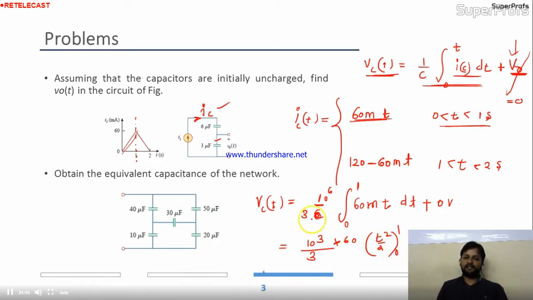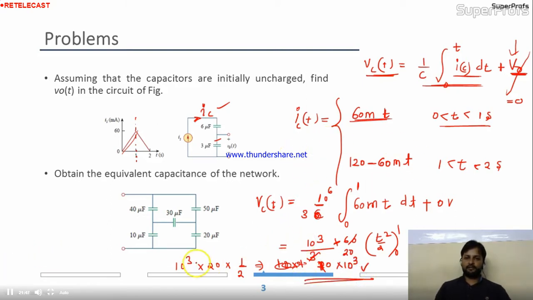When you simplify this, it will be 20, and here I am taking 10 to the power 3, 20 into 1 by 2. So the 2 will cancel out, and it is 10 into 10 to the power 3 volt. This is the voltage across it.